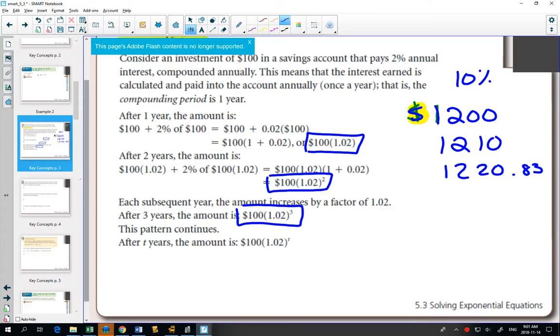Why do they do 1.02 cubed instead of just times 2 times 3? Because to go from one amount to the next, we multiplied by something. If we want to figure out what we multiplied by, we could take 1210 and divide it by 1200, because that's how a geometric sequence works. And we've multiplied by 1.00833.